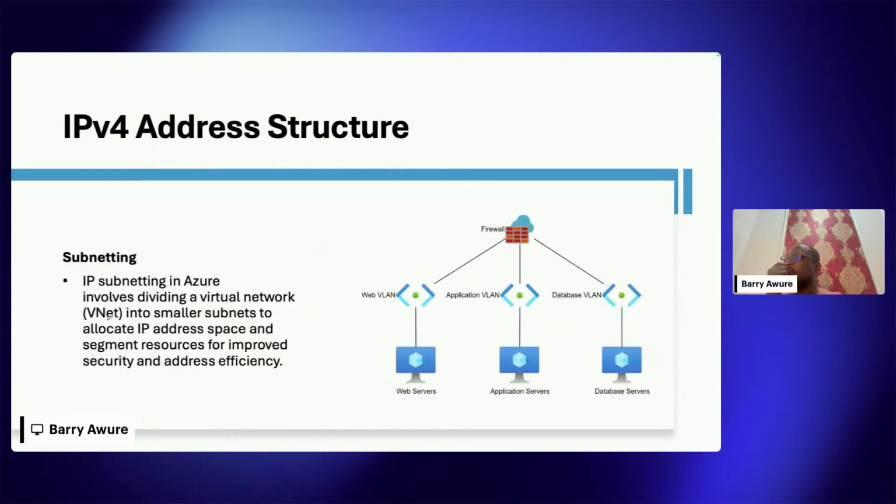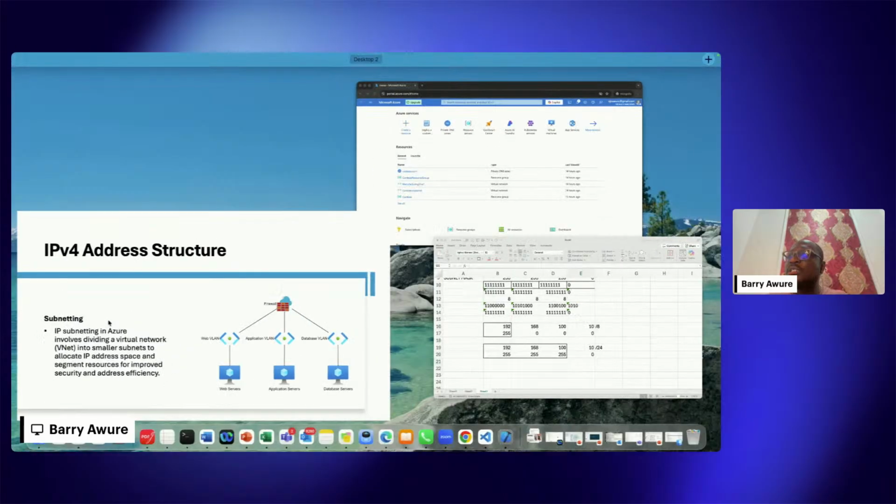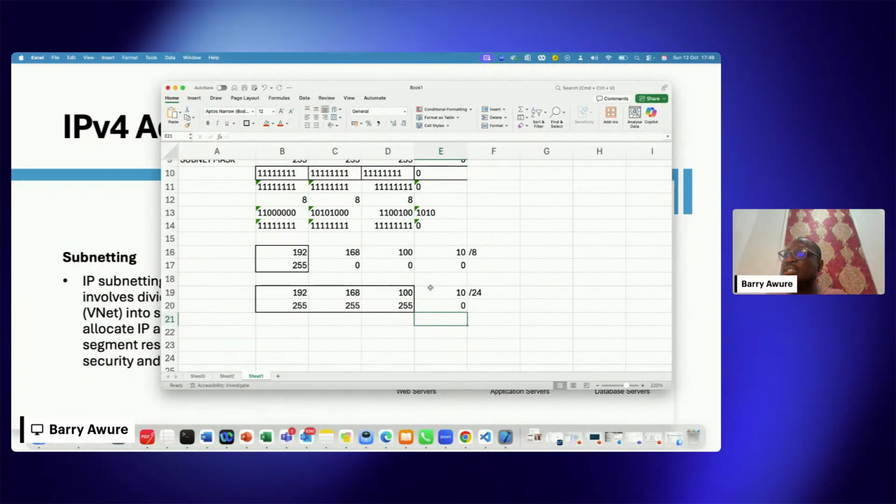Now, there is also another concept that we need to take a look at, and that is what we call subnetting. Subnetting involves dividing your network into smaller IP spaces. We were working with an IP just now, which is this one, /8 and then /24.